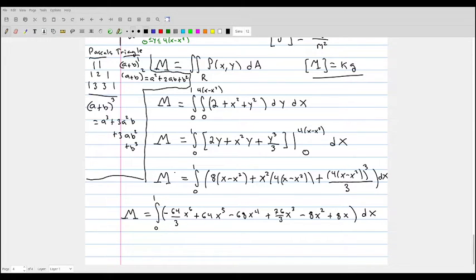So this function that we're integrating here, once you simplify it as far as possible in terms of expanding it out in terms of x, is exactly what it simplifies to.